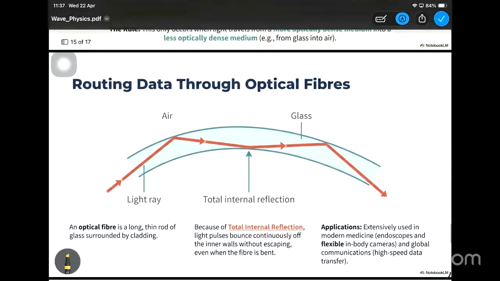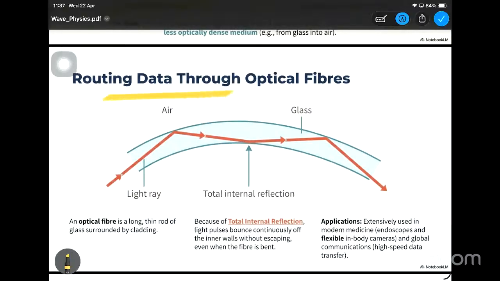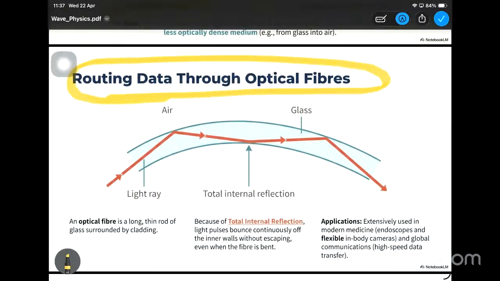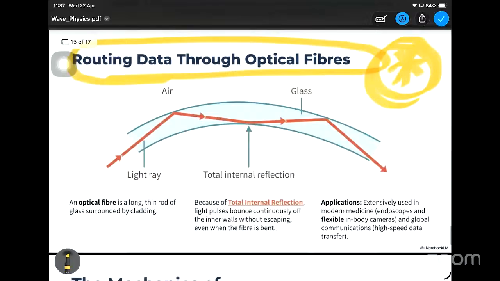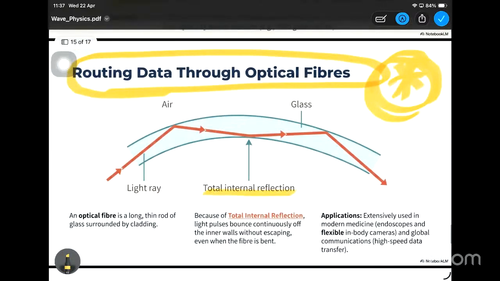And routing data through optical fibers, it was actually given in your textbook. This is a use case scenario, so please go through it, how it is happening. So total internal reflection is the main thing that we are using, right? So here you can say the light ray is entering, and the inner surface is going to be the denser medium. And here air is the low dense medium.